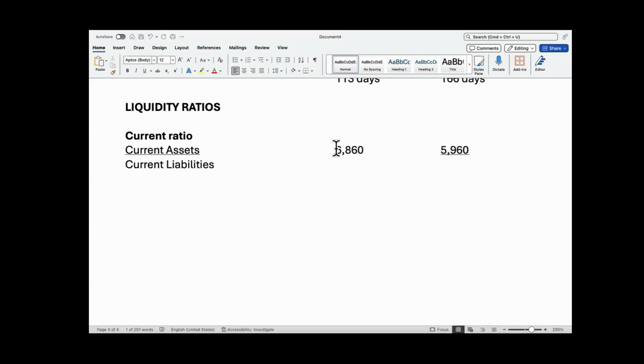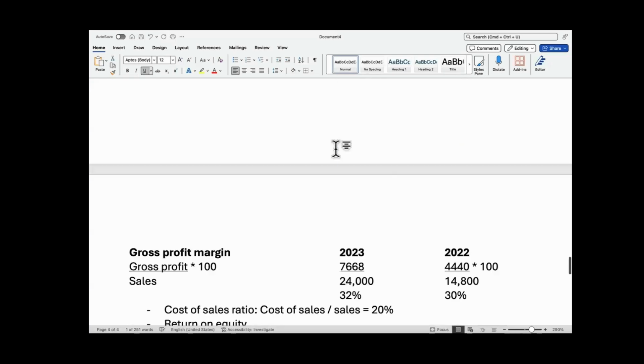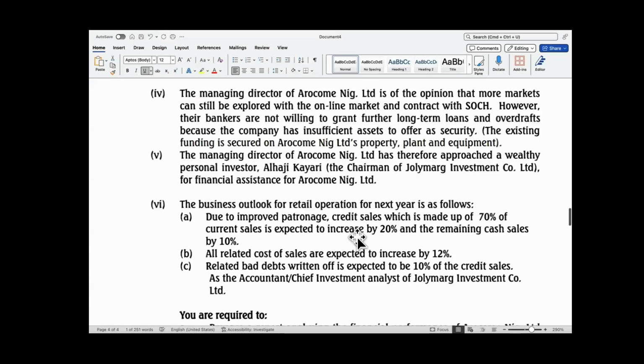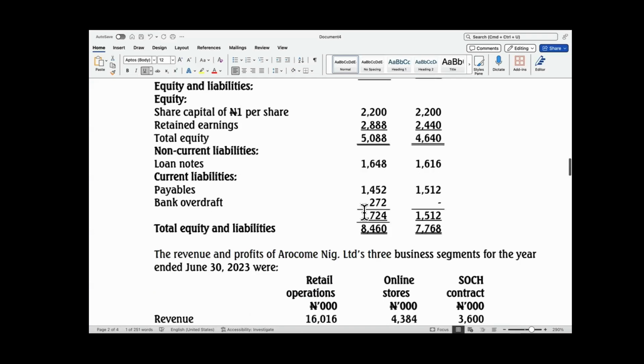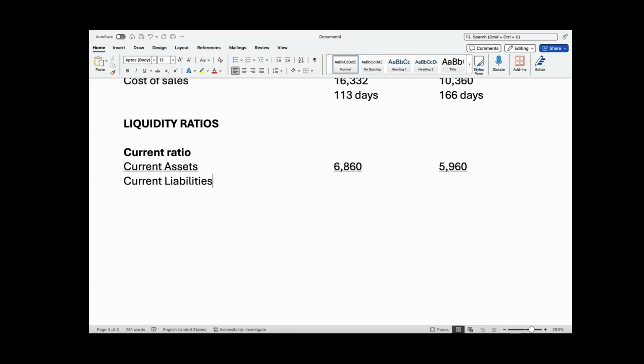Let's go and check our current liabilities. Our current liabilities is 1724 for 2023 and 1512 for 2022.